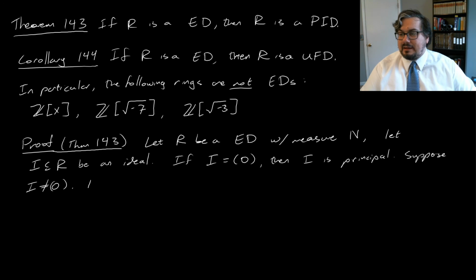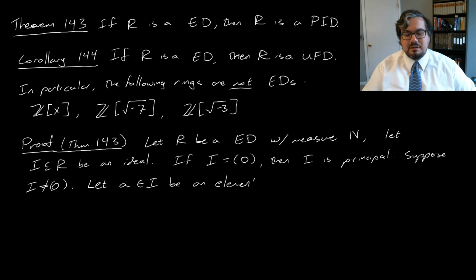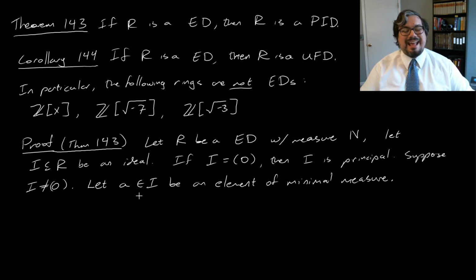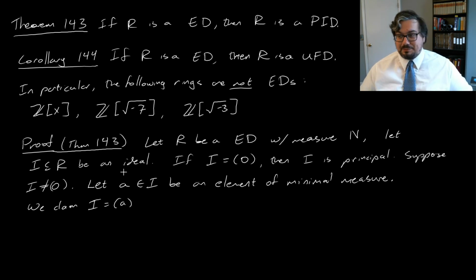Now, let's let A in I be an element of minimal measure. It's going to turn out that this A is going to be a generator of I. So we claim that I can be generated by just the element A, which shows that I is principal.